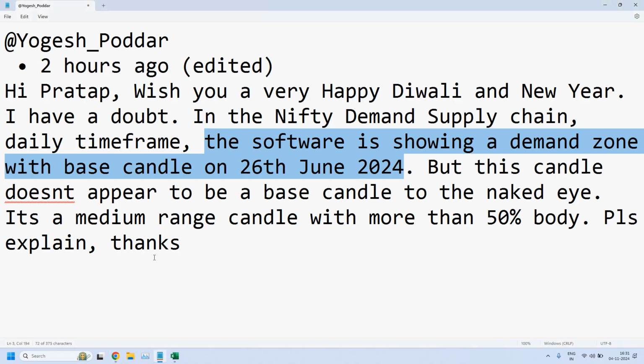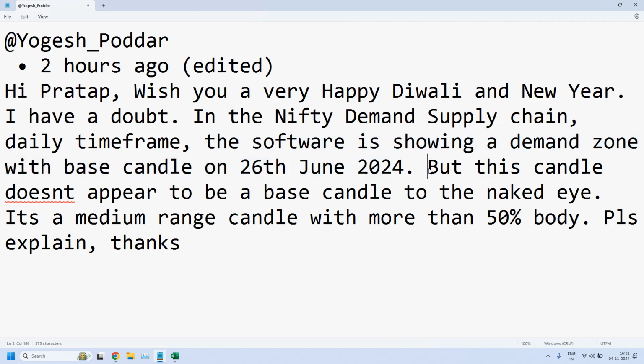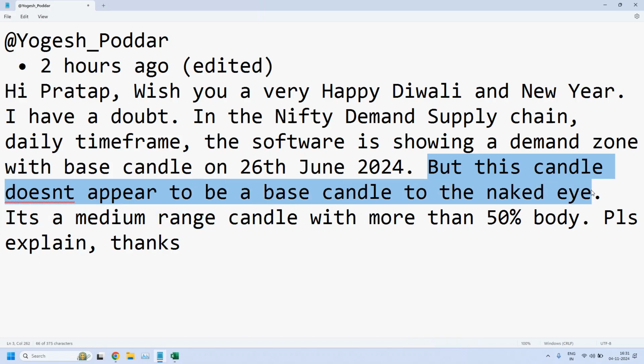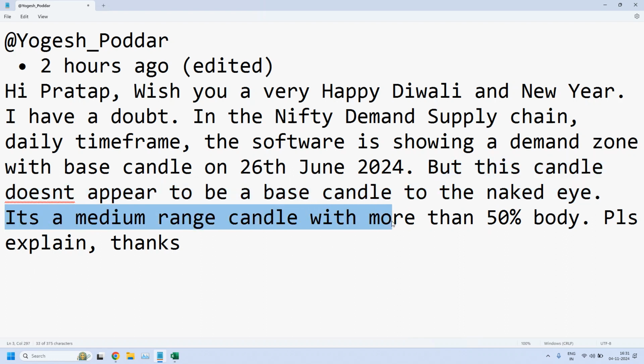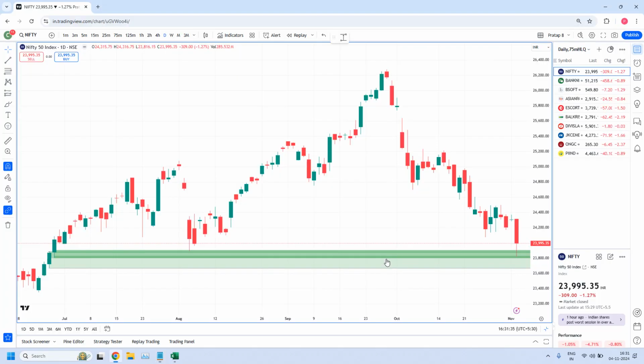His question is, but the base candle on June 26th doesn't appear to be a base candle to the naked eye. It is a medium range candle with more than 50% body. Please explain. That's true.